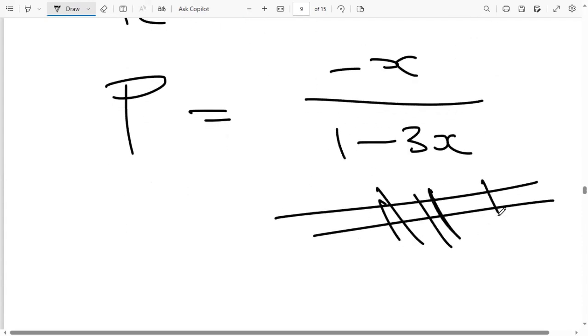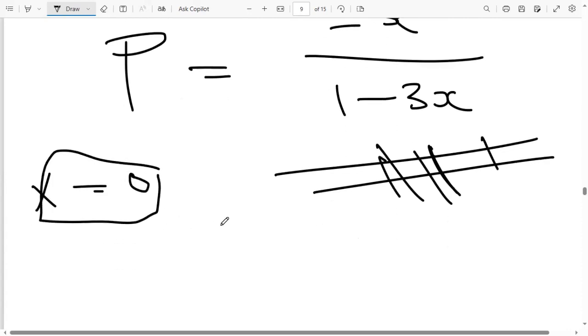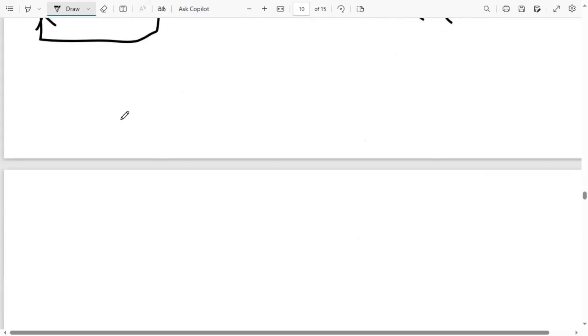So this will be our inverse element. If you try to put this into the binary operation with the x there, you see that it will actually give you a 0. So let's try it. If I get x * P, and the P, which is the inverse now, is minus x over 1 minus 3x.